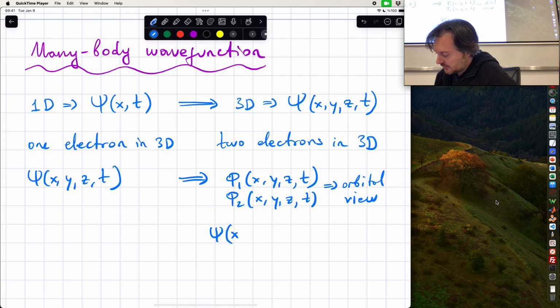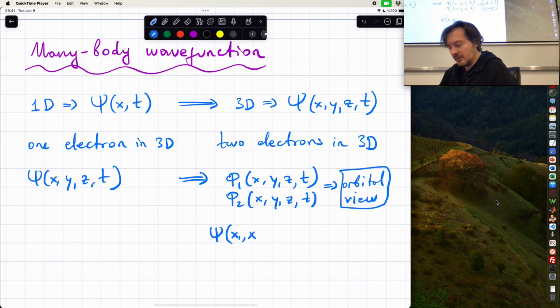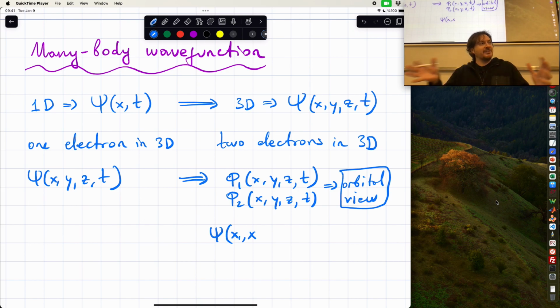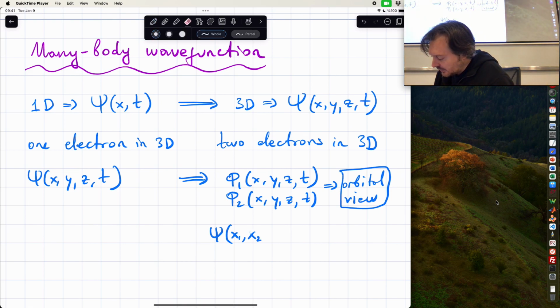But a quantum chemist, so it's not about being chemist or not, would see it as you said. She would be careful to say that, okay, this orbital view is very useful, and we will see it make a great comeback after the density functional theory. But the right way to see this is x1, y1, z1, x2, y2, z2.